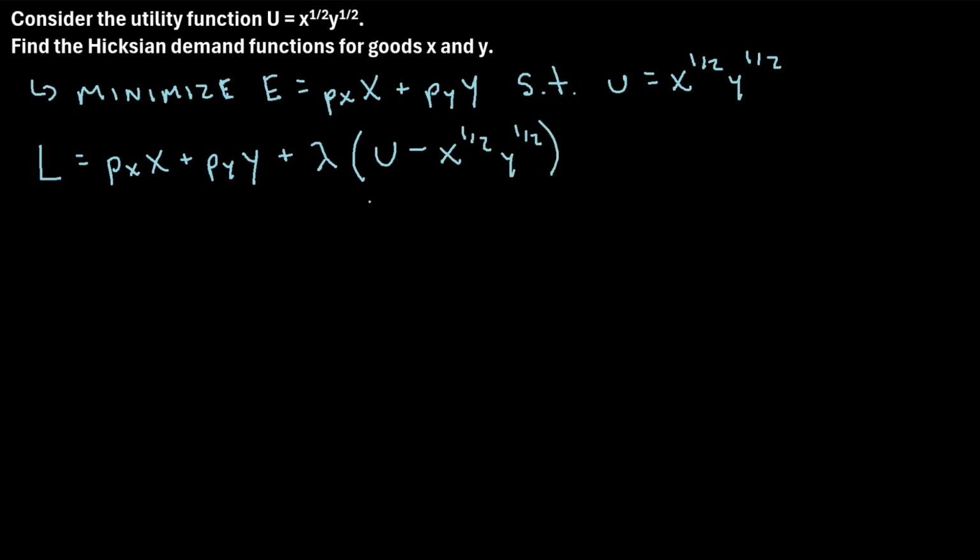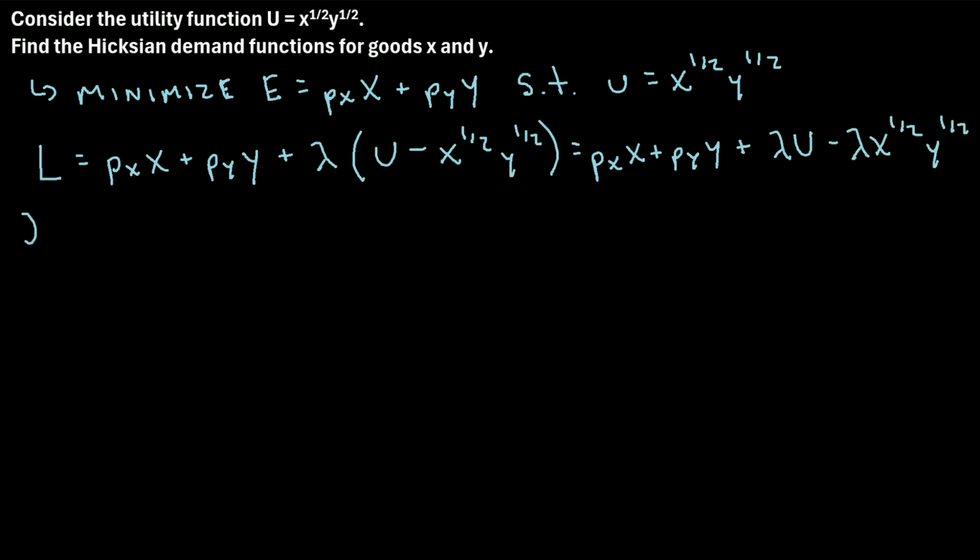Let's simplify it a little by distributing the lambda: the price of x times x plus the price of y times y plus lambda times u minus lambda x to the 1/2 y to the 1/2.